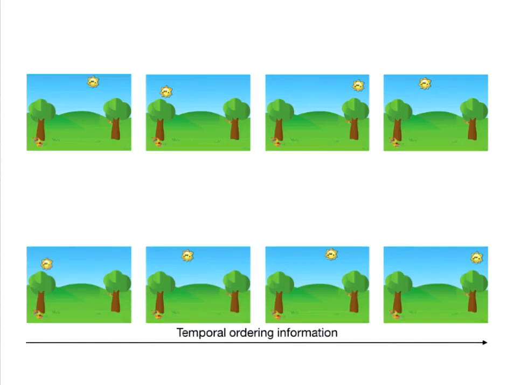Well, in the first case, we have access to the temporal ordering information. And that's essentially the difference between a memoryless approach, which is the first case, so these authors call it static, and a dynamic approach. In a dynamic approach, we have access to the temporal ordering information. We know which data set comes before the next one, and we exploit this information.